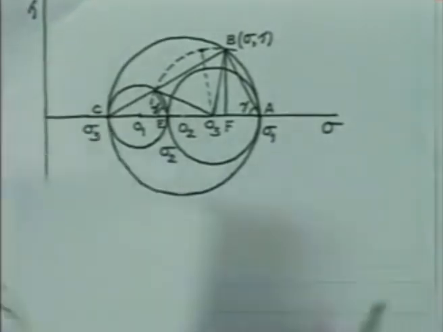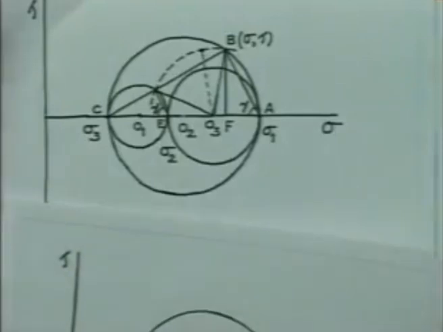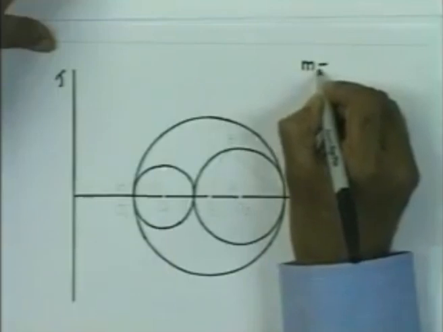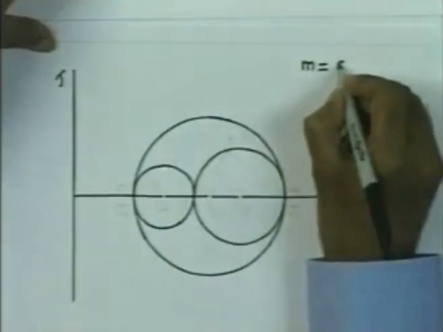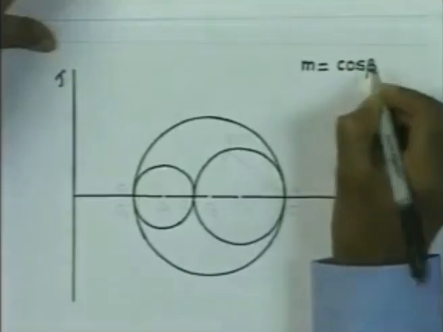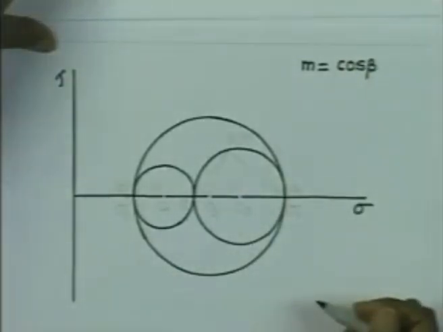So now we have to make use of the other direction cosines. Let us consider again our 3 circles, and let us now consider the direction cosine m, and let us say m is equal to cosine beta. So this beta angle can be obtained.